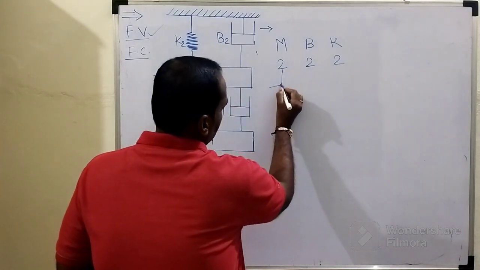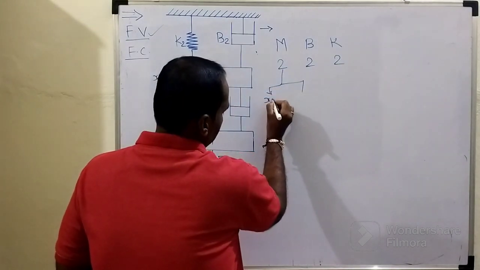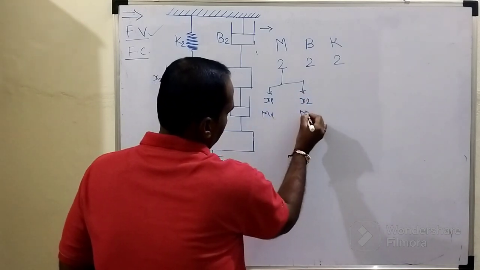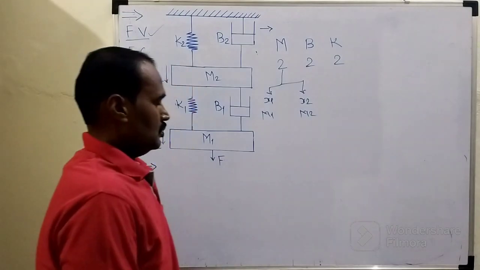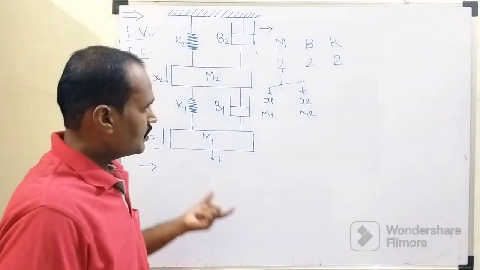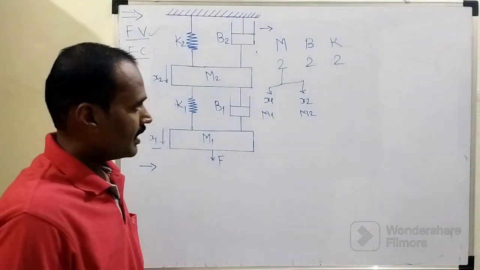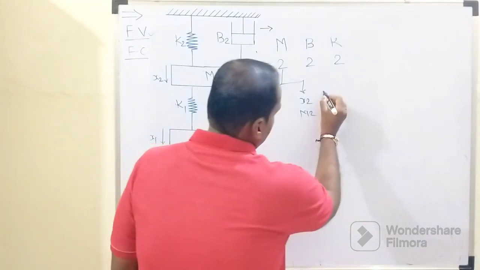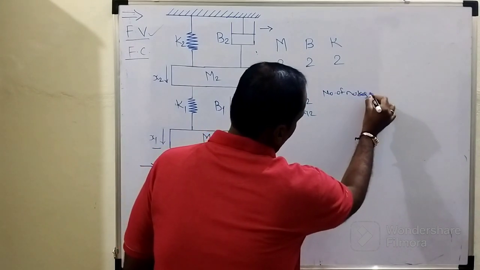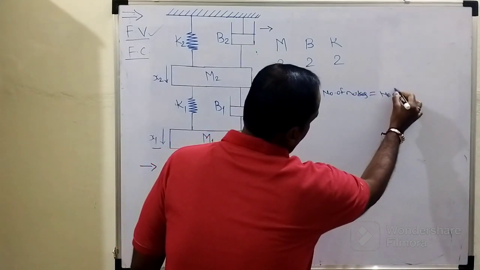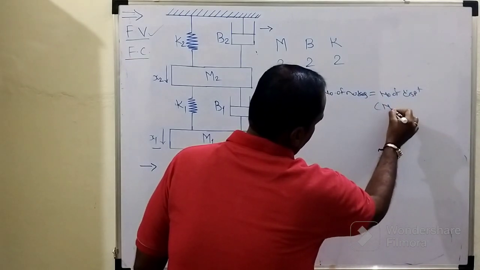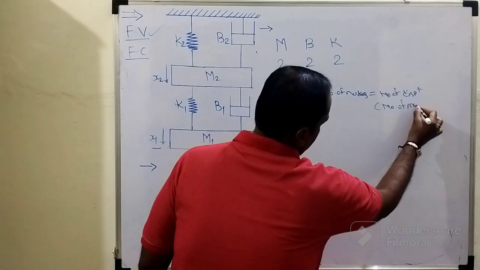As we are having two masses, there will be two displacements, x1 as well as x2, belonging to m1 and m2. So this is how the first step is completed. Then, in order to attain the second step, we need to understand that the number of nodes is always equal to the number of displacements, and the number of displacements is always equal to the number of masses.